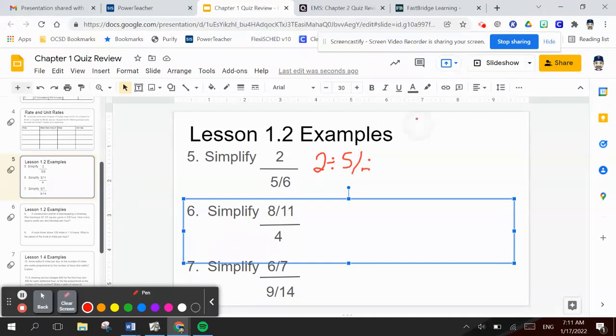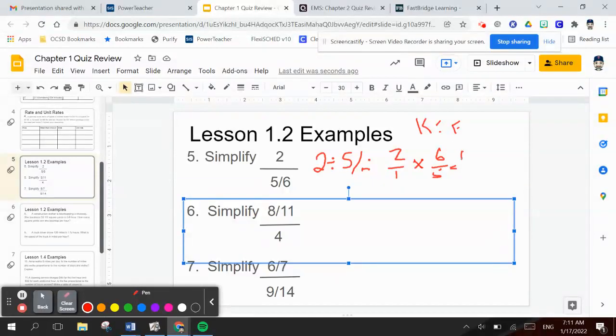When I do that, I want to remember my keep, change, flip strategy. So I keep my first fraction the same, which is 2 over 1. Change the sign from divide to multiply. And flip the second fraction to 6 over 5.